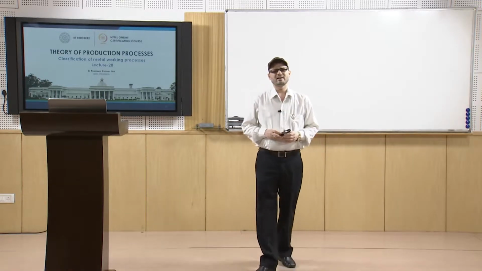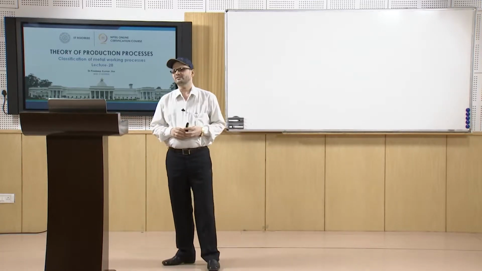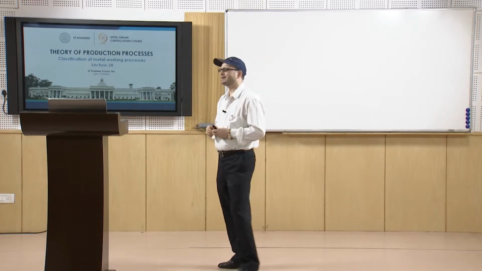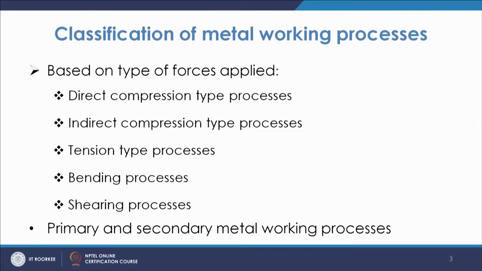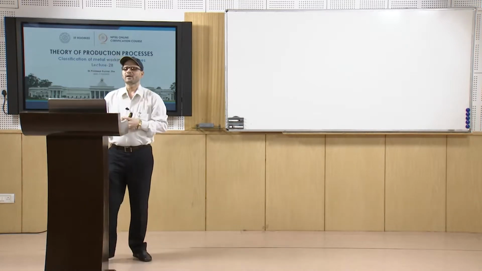First of all, depending upon the type of forces applied, you have the direct compression type forces. Here the compressive force is directly applied to the surface of the body, and the metal will flow at right angles to the direction of compression.